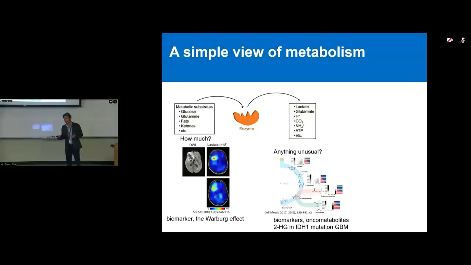Obviously, if you do see something different, that's probably a biomarker. Then you can go back and look at how much of those we have in there. So in this example, the oncometabolite is pointed out. I apologize that I have a lot of cancer examples here, but it's the same for all metabolic diseases.